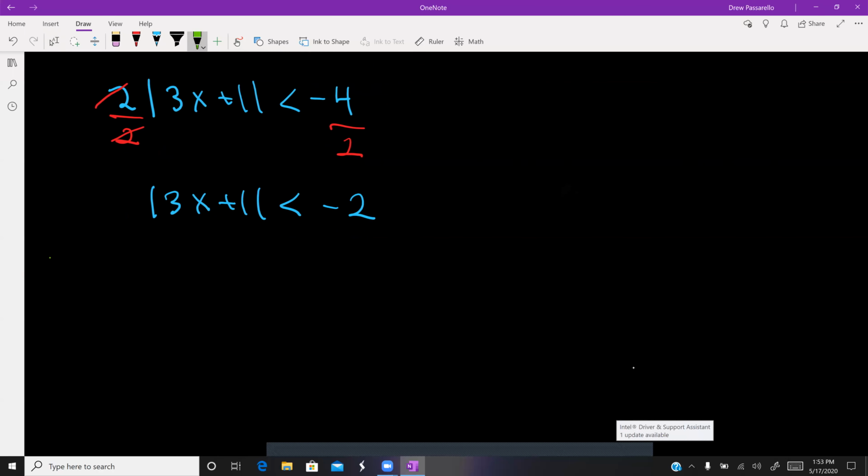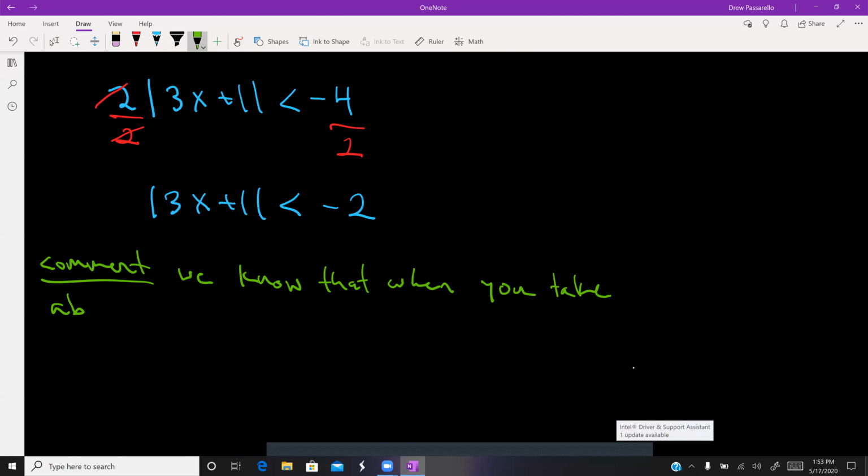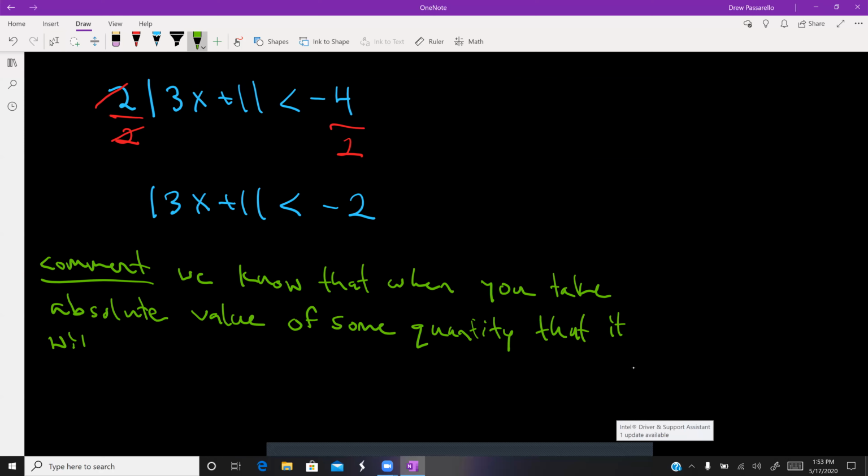So a comment, we know that when you take an absolute value of some quantity, it will result in either a positive number or 0.